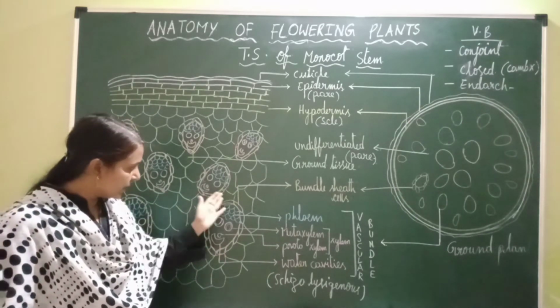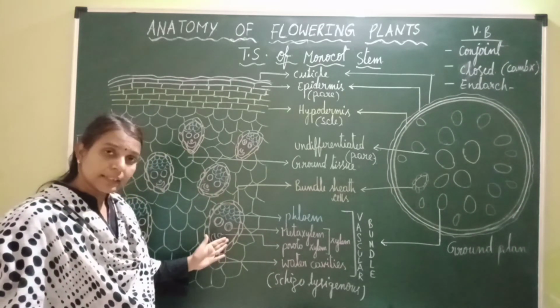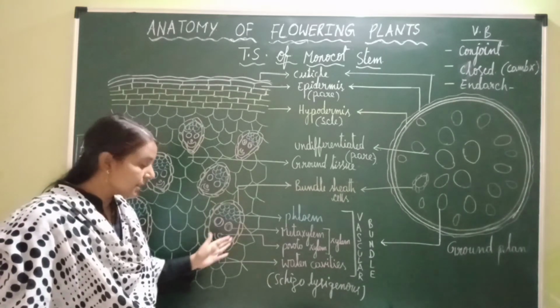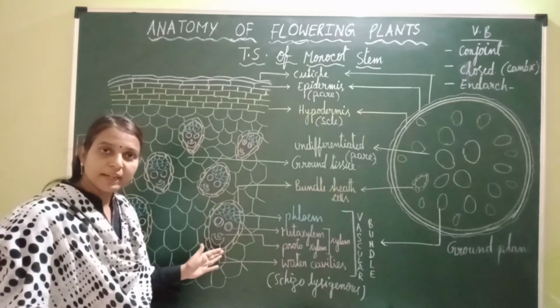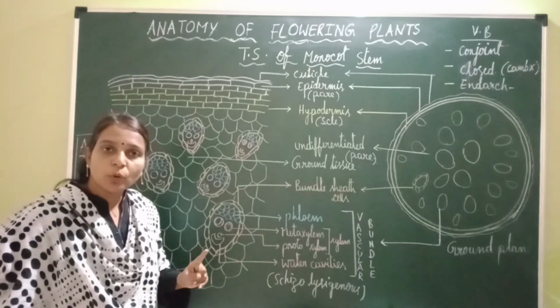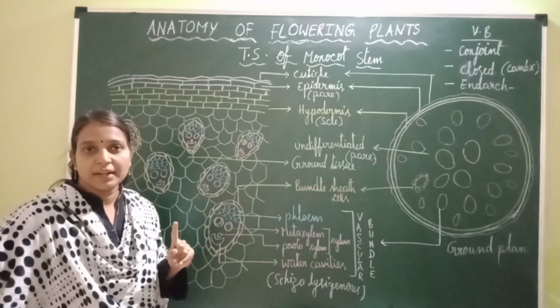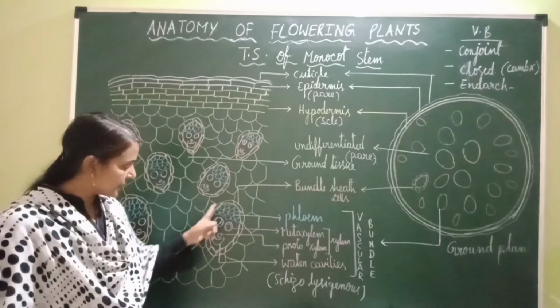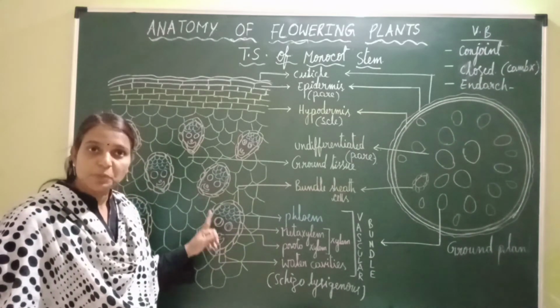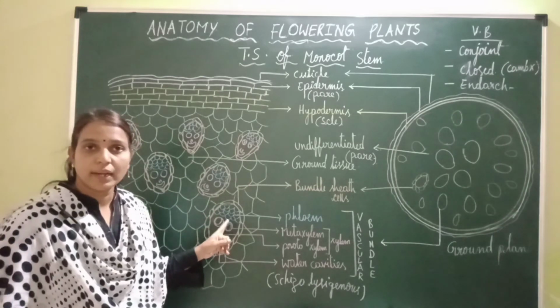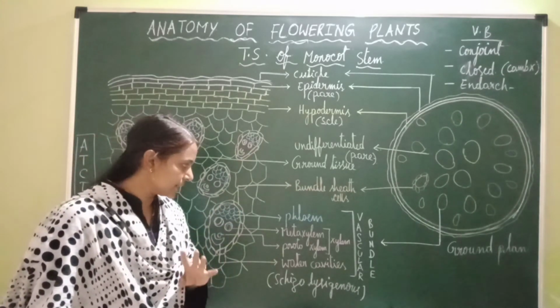These vascular bundles are also called fibrovascular bundles. I repeat, due to the presence of sclerenchymatous bundle sheath cells around the vascular bundles, these vascular bundles in monocot stem are also called fibrovascular bundles, right?